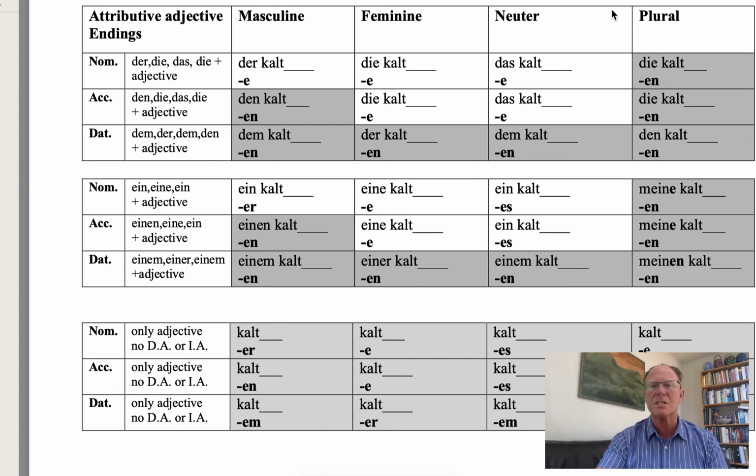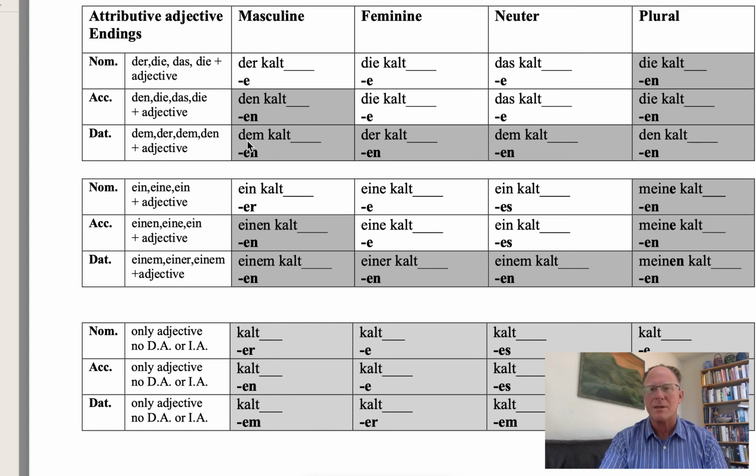That's always the first line of each stanza: some form of the plus an adjective. So, for example, der kalte Tee steht auf dem Tisch. Ich stelle den kalten Tee auf den Tisch, Entschuldigung.